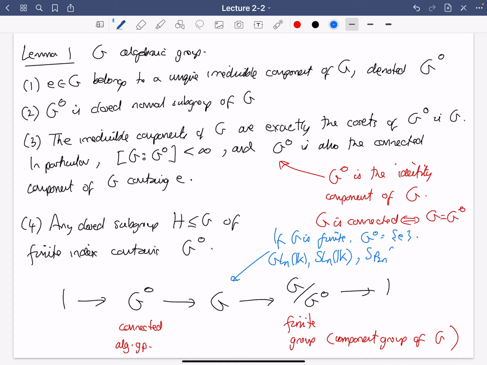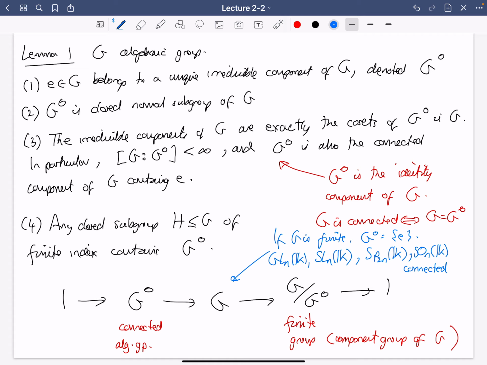Less obvious but true, SP2N and SON are connected algebraic groups. And I give you an idea of how you might prove that for the symplectic group on the homework. The proof, I know, you have to actually use some group theory about the structure of the symplectic group.